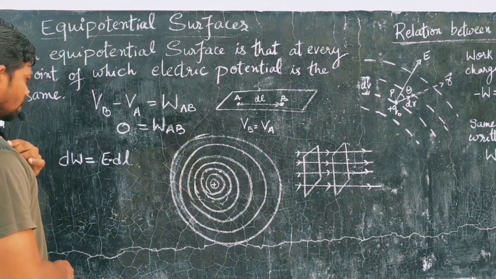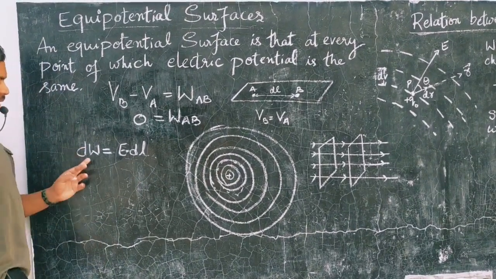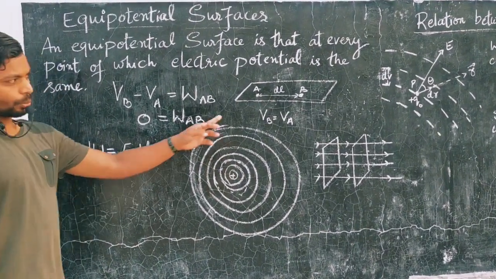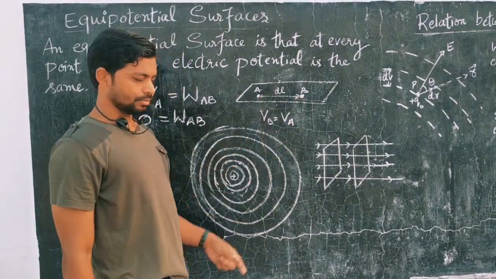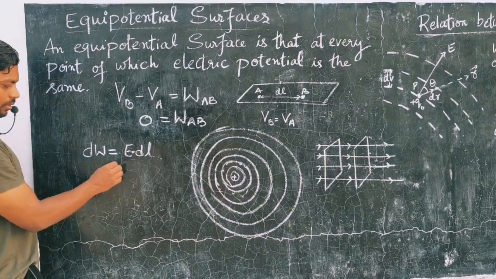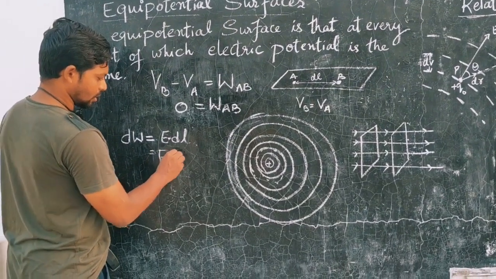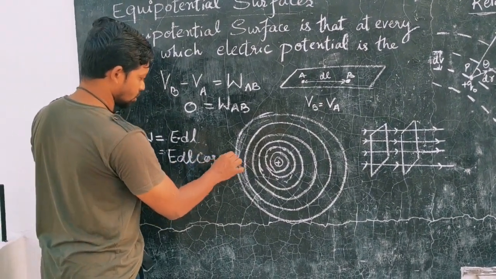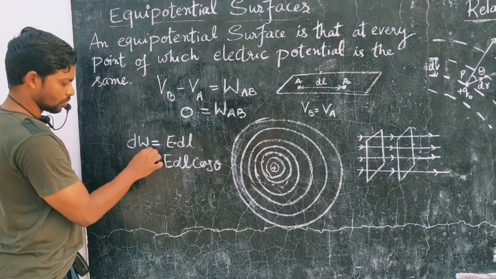which means that there is no work done to move a charge from point A to B on an equipotential surface, right? If that is the case, then again by definition we can write small work done to move a charge from point A to B, that is a distance dl, is given by E dot dl. Then I can write this as E dl cos theta, okay, is dW.